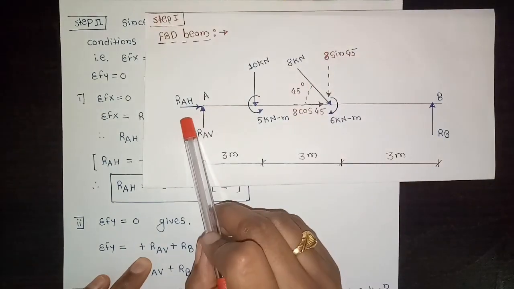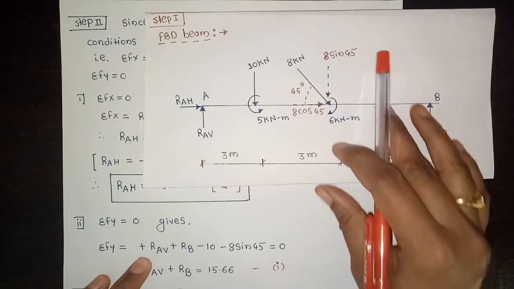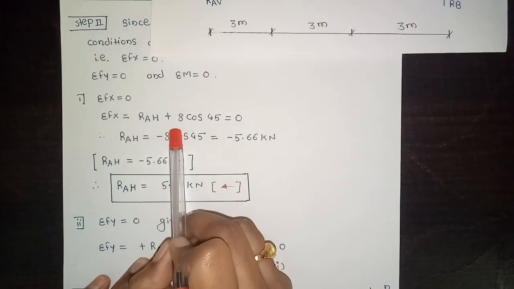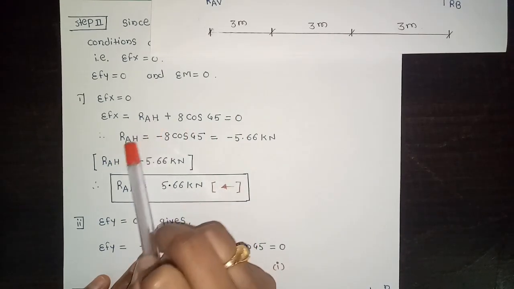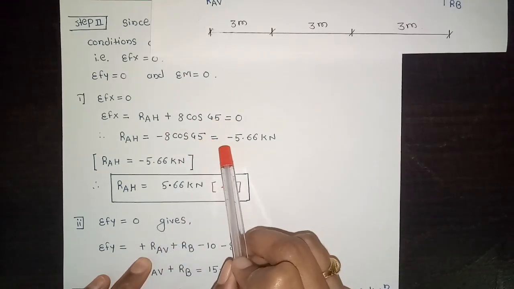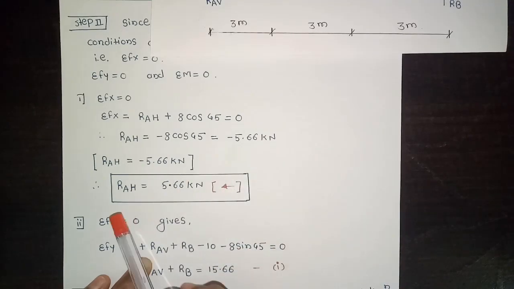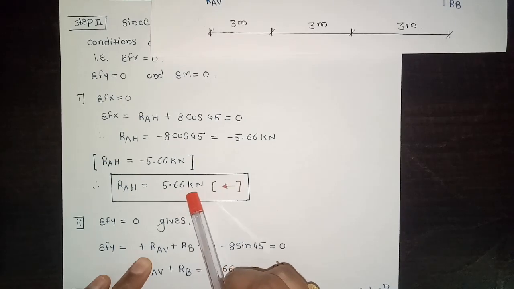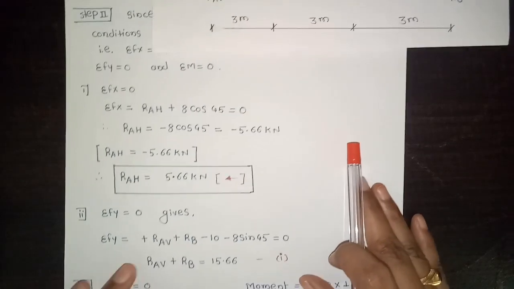So RAH plus 8 cos 45 is equal to 0. Then RAH is equal to 0 minus 8 cos 45. Then we get minus 5.66 kilonewton. So we write RAH is equal to 5.66 kilonewton, that is left direction. Okay.